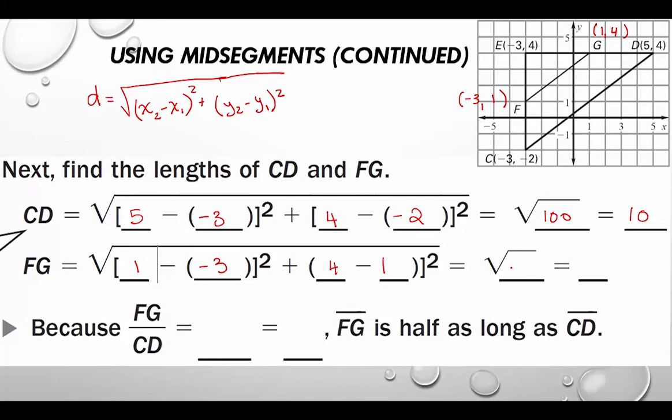Simplify that, you get that this is the square root of 25, which is 5. So if I look at the ratio of the length FG to CD, this is going to be 5 over 10, which reduces to 1/2. So line segment FG is half as long as line segment CD.